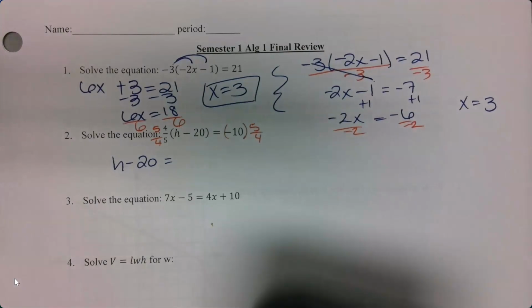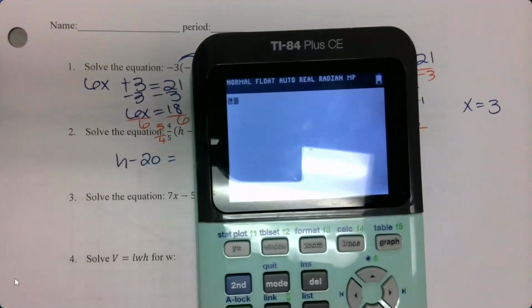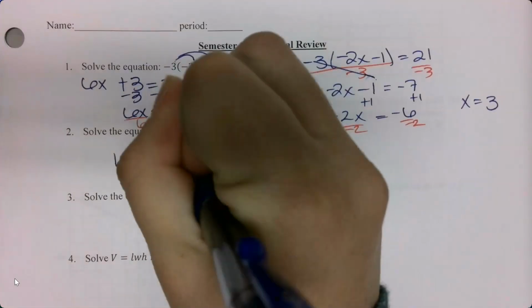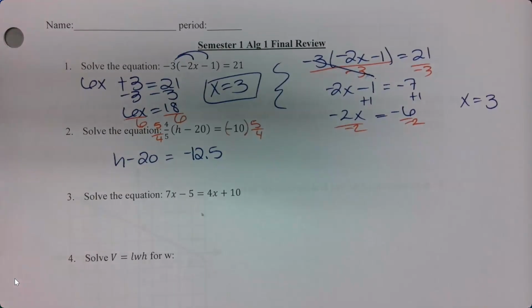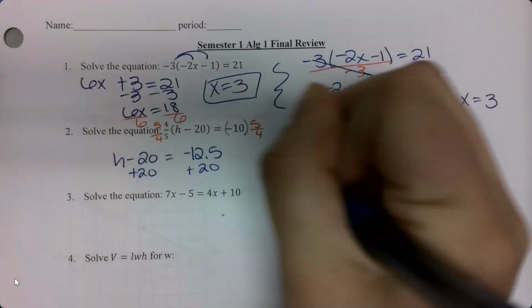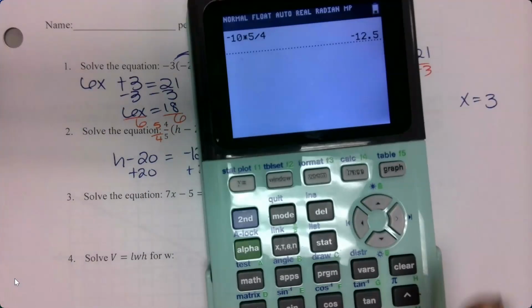So, I'm going to do -10 times 5 divided by 4, which gives me -12.5. And then I want to go ahead and add 20 to both sides. And I get h equals 7.5.